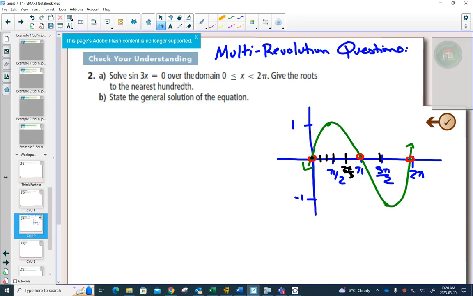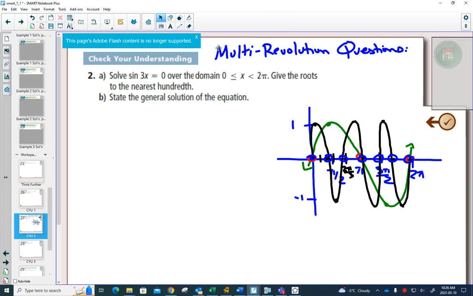And our new graph would go center, max, min, and look like this. That's why I didn't want you to drop down, because it gets very full. But now, can you see that there are a lot of x-intercepts where it's equal to 0? The compression has made us get more answers.